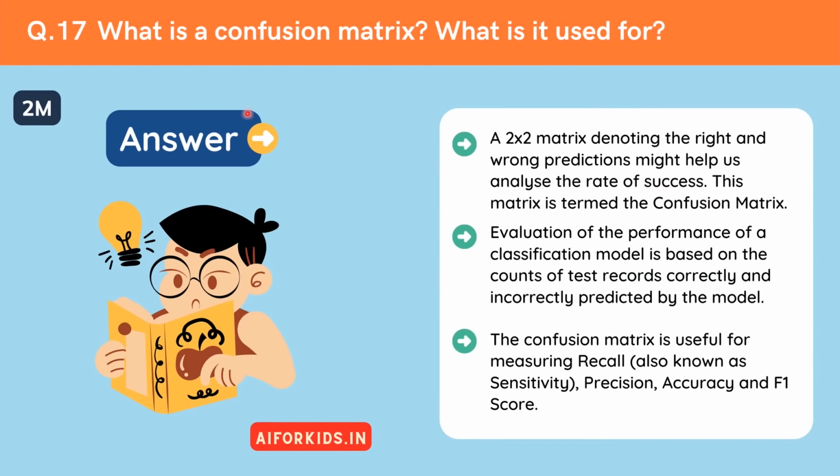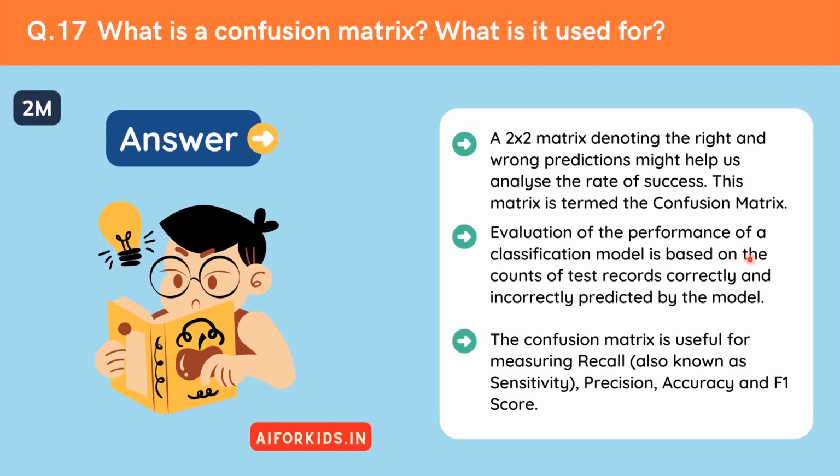Question number 17 says: what is the confusion matrix and what is it used for? Okay, let's see the answer. A 2x2 matrix denoting the right and wrong predictions might help us analyze the rate of success, and this matrix is termed as the confusion matrix.